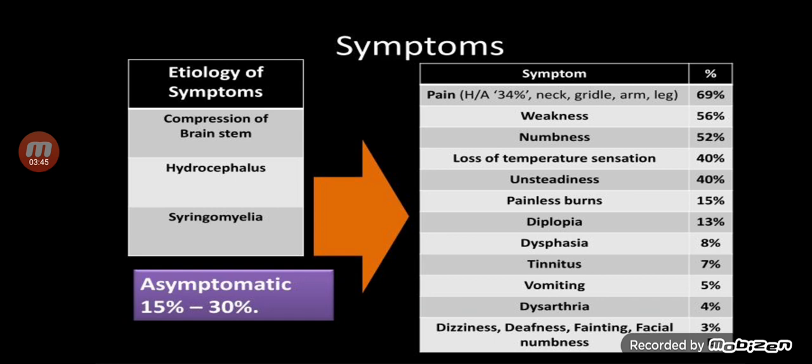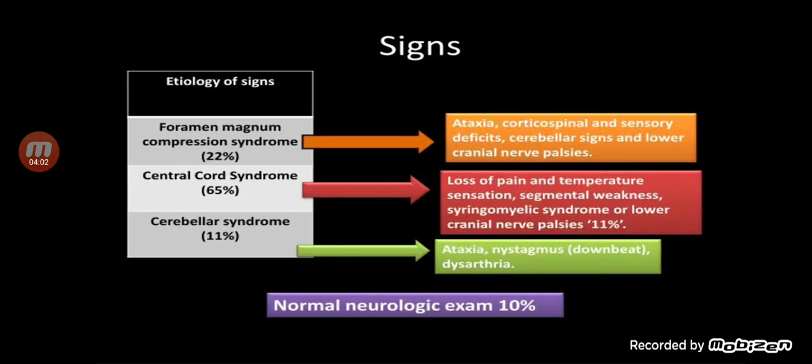So a compression of the brainstem, hydrocephalus, and a syringomyelia can lead to a wide variety of symptoms, ranging from weakness, numbness, loss of pain and temperature, unsteadiness, diplopia, dysphagia, tinnitus, vomiting, and dysarthria. The etiology of the signs may be related to the foramen magnum compression.